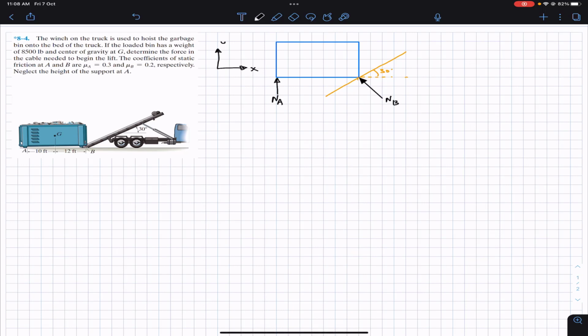And similarly, since we have this cable, the cable will apply the force in this direction. So we will have tension T going up, right?